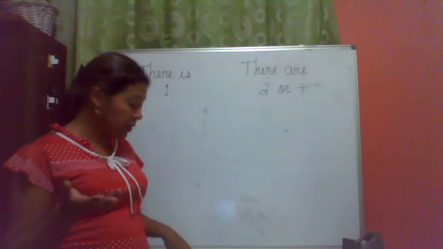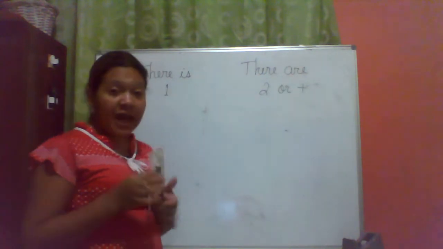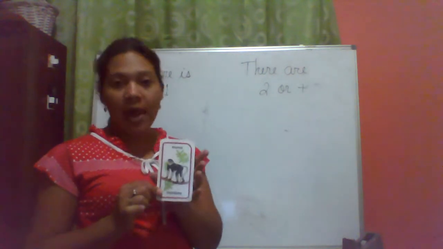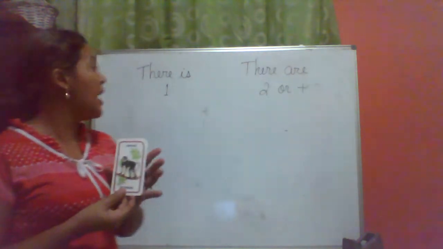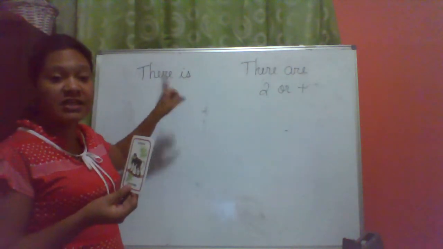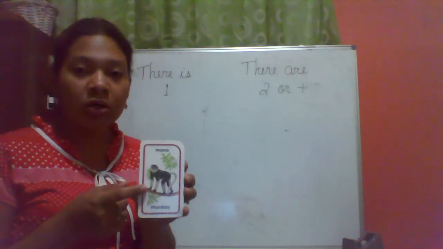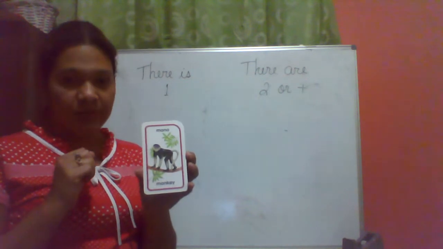For example, let's practice orally first. Here I have a monkey. How many monkeys do I have? Only one. So I'm going to use there is for one object. There is a monkey, or there is one monkey.